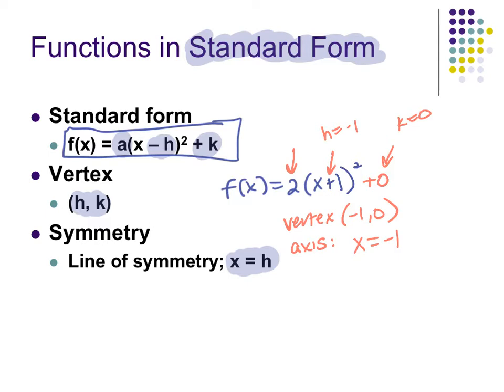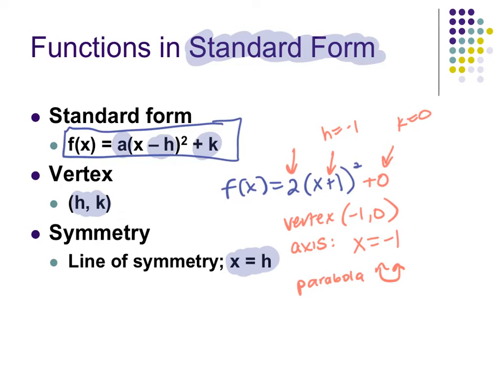So those two pieces of information I can get just by looking at my equation, if it's in standard form. And I would know it's a parabola that points up by looking at my A. All that information you can get just by looking at your equation, okay? The x coordinate of your vertex is always the opposite of what follows x.